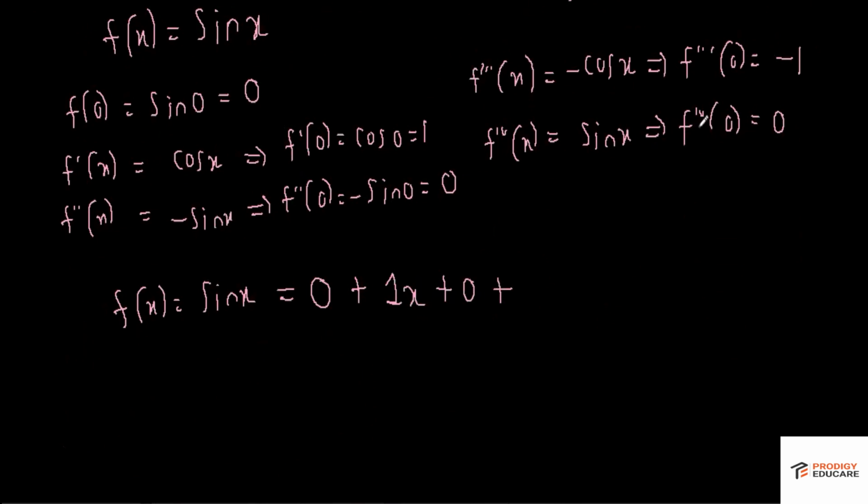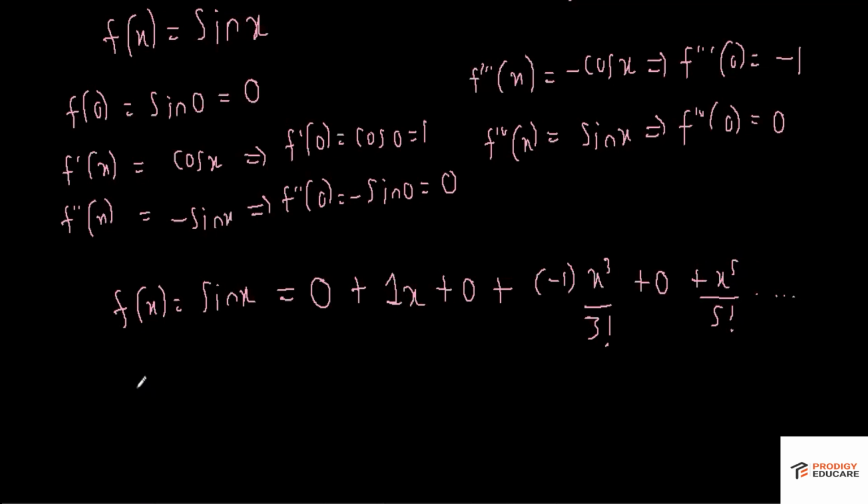Plus, then f triple dash of 0 was minus 1. So in that case, I'll get minus 1 then x cube by 3 factorial, and then again I have a 0. And looking at the pattern, we have this plus minus pattern, so I'll get plus x raised to 5 by 5 factorial, and so on.